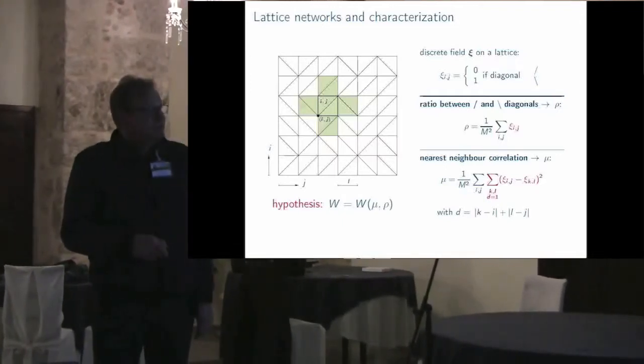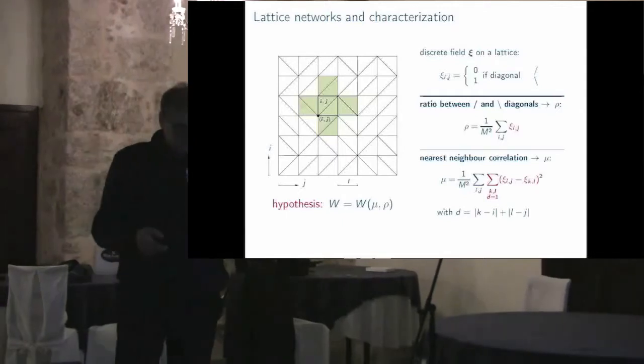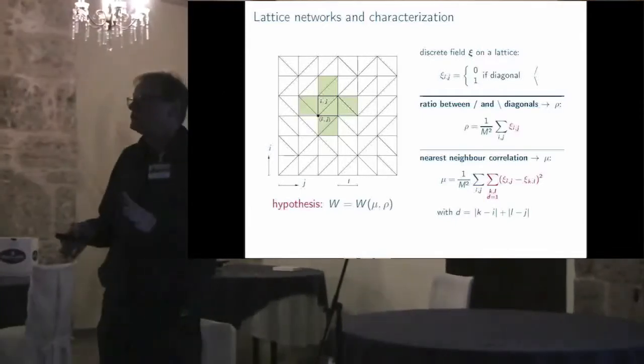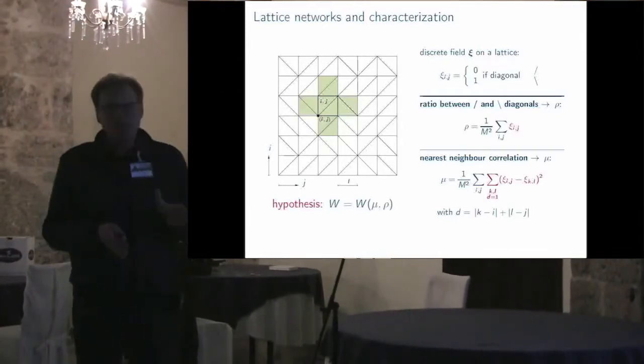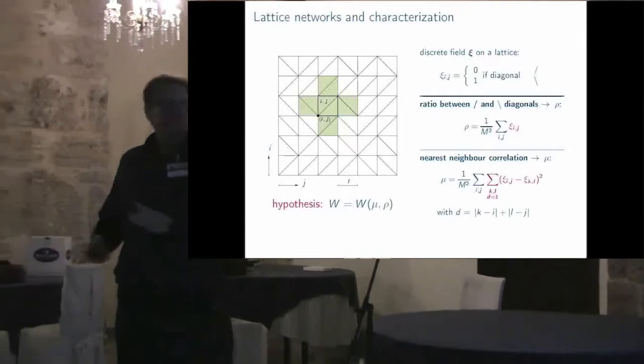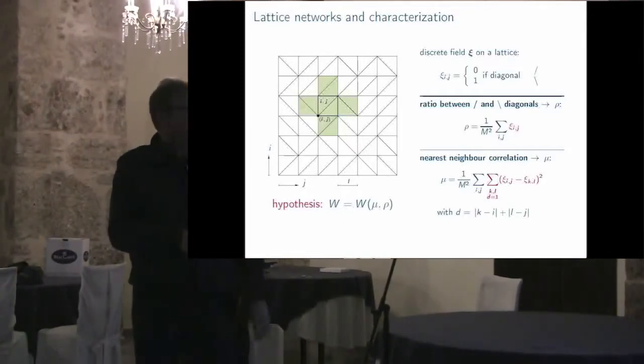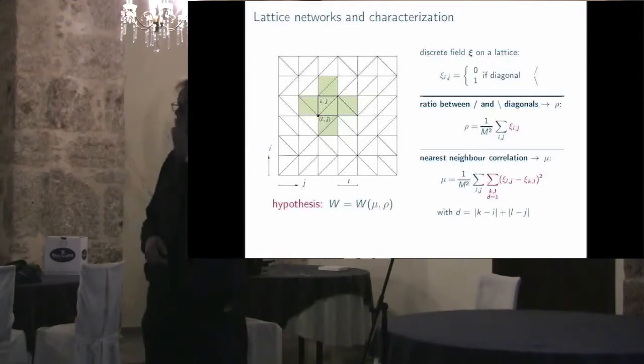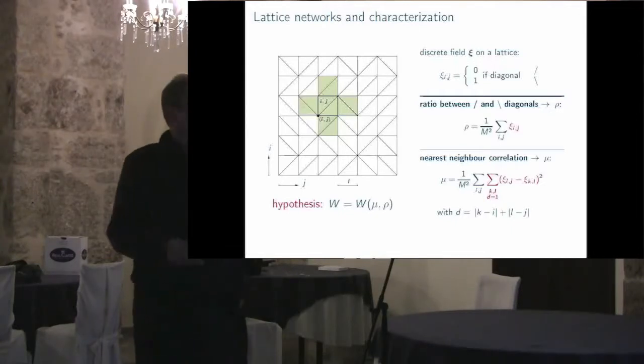Our hypothesis is now that if we expose this structure to a mechanical load, where we apply an overall strain with periodic boundary conditions, then the strain energy of this configuration is a function of this order characteristic mu and the ratio between these two types of diagonals.